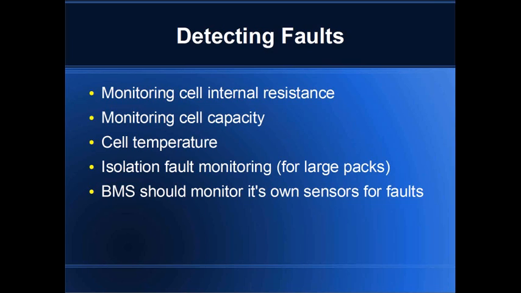In an automotive setting or in a large format battery, particularly higher power ones, isolation fault monitoring is also very useful to look for breakdowns in isolation between the battery and the chassis or whatever enclosure it's in. That can indicate if there's electrolyte that's spilled from the battery pack.